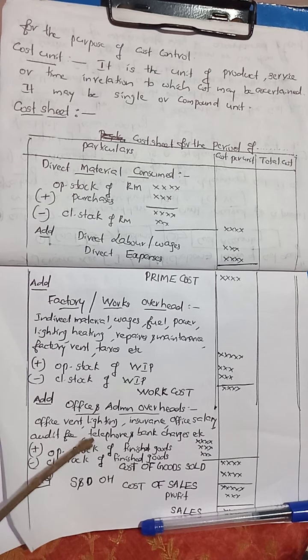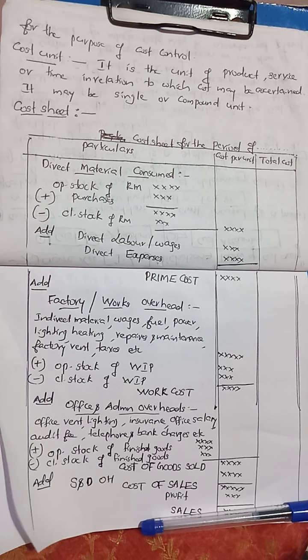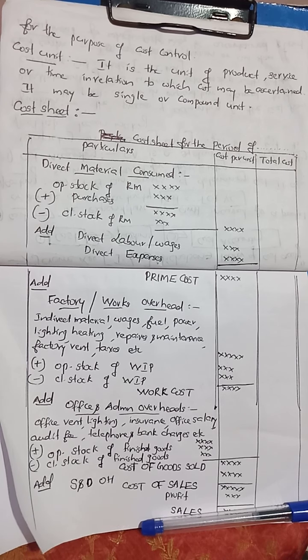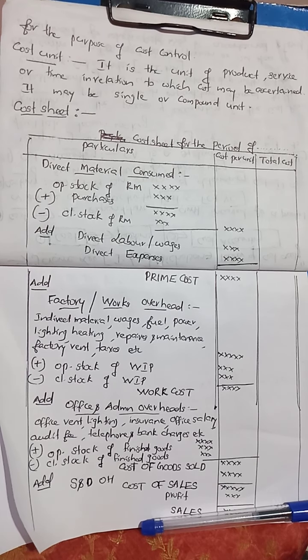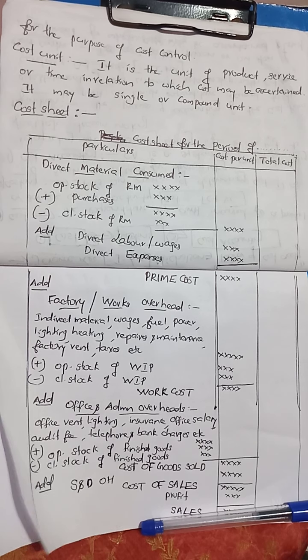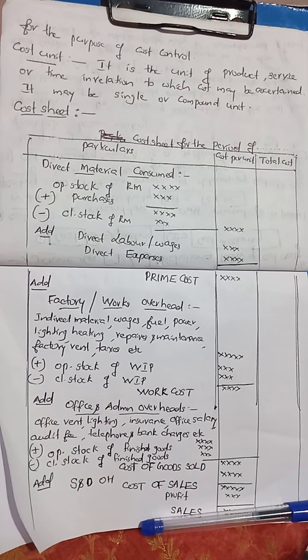There are so many cases like office and factory. I am going to discuss the items of expenses incurred in the selling and distribution overhead. Listen, that is storeroom expenses, salesman commission, salary, bad debt, discount to distributors.